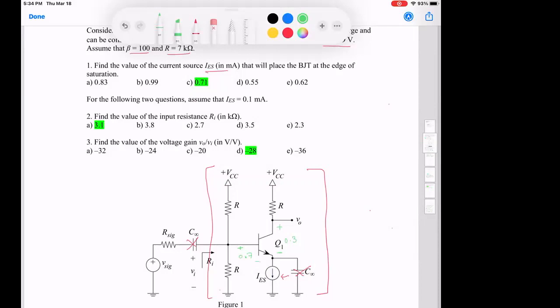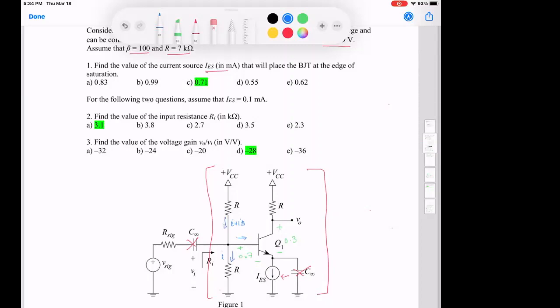There are two approaches to solve this problem. The first approach is to really assume that IB is finite, meaning beta is not infinity as given here, so we need two equations, two unknowns. The reason is that I have an equation that relies on this current here, I, and this is I plus IB, and this is IB.